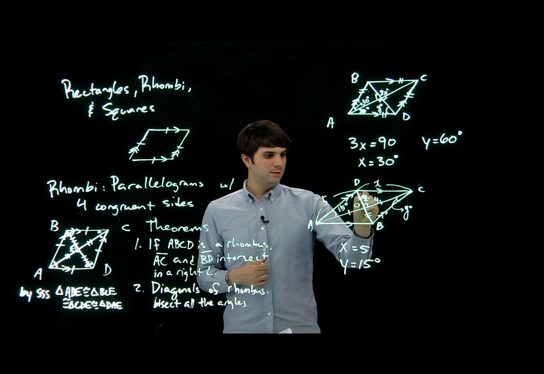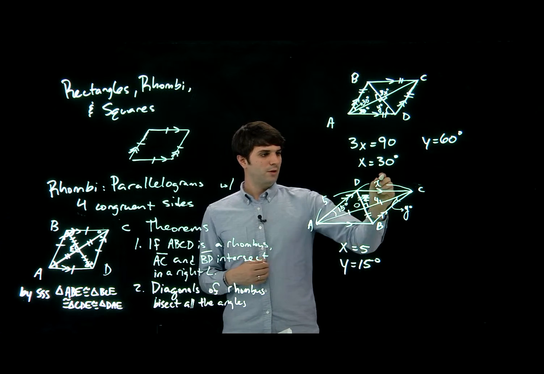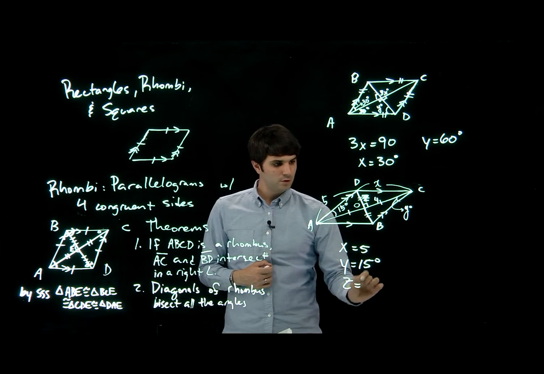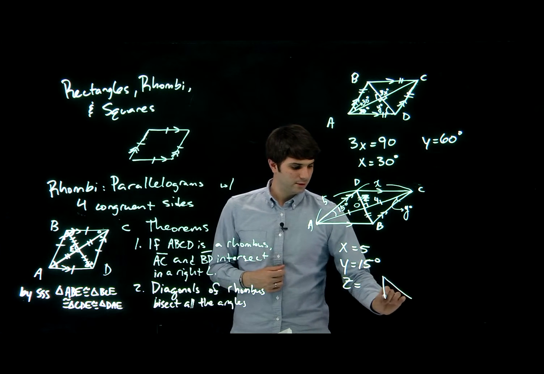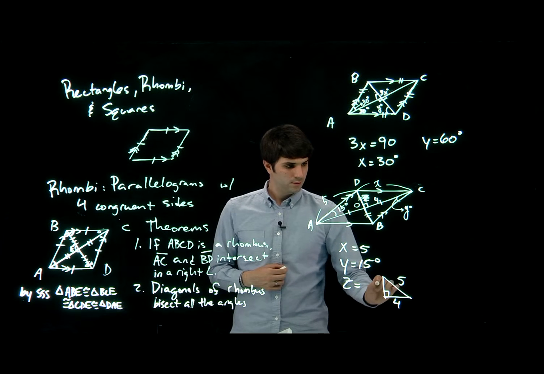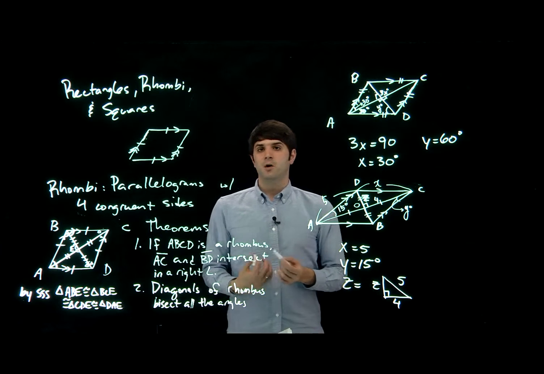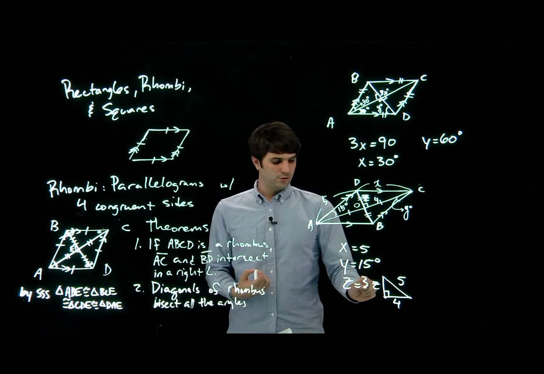And finally, this is a z here. We know that this is a right triangle, so we have a right triangle with hypotenuse 5, a leg of 4, and z. Hopefully by now you know that whenever we have this relationship, z is going to equal 3.